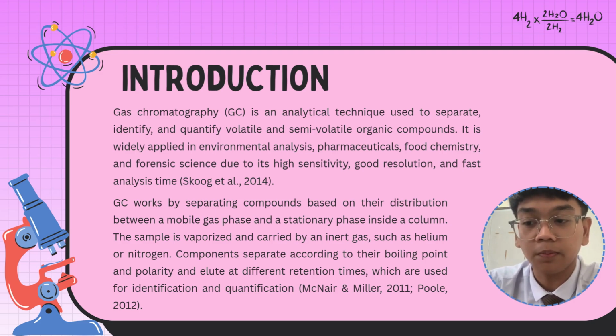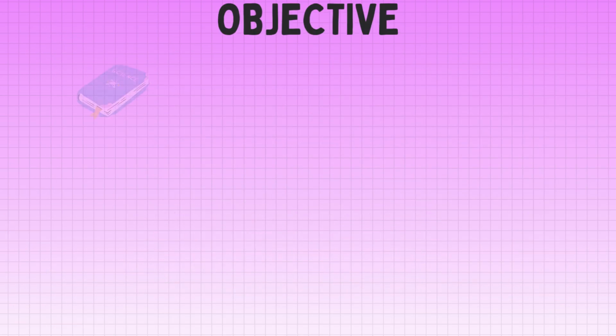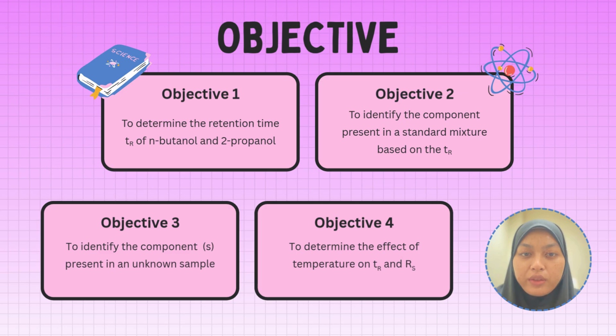GC works by separating compounds based on their distribution between a mobile gas phase and a stationary phase inside a column. The sample is vaporized and carried by an inert gas such as helium or nitrogen. Components separate according to their boiling point and polarity and elute at different retention times, which are used for identification and quantification.